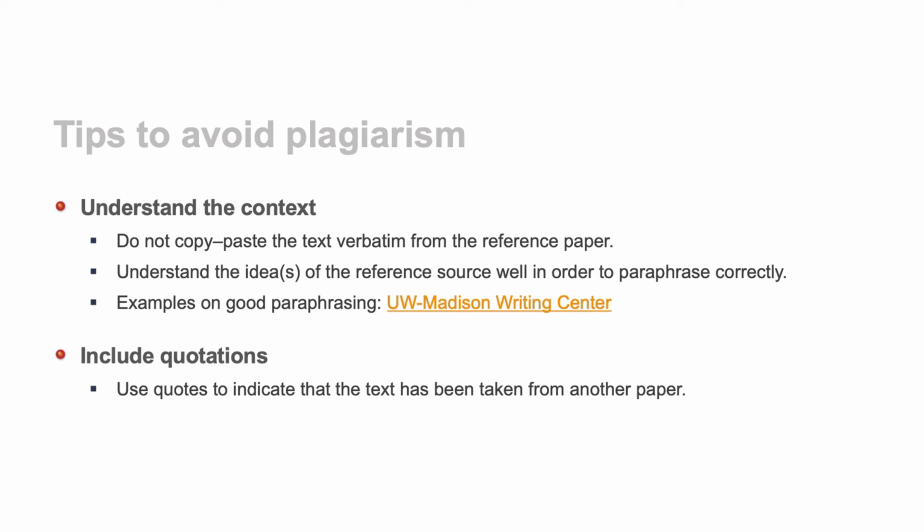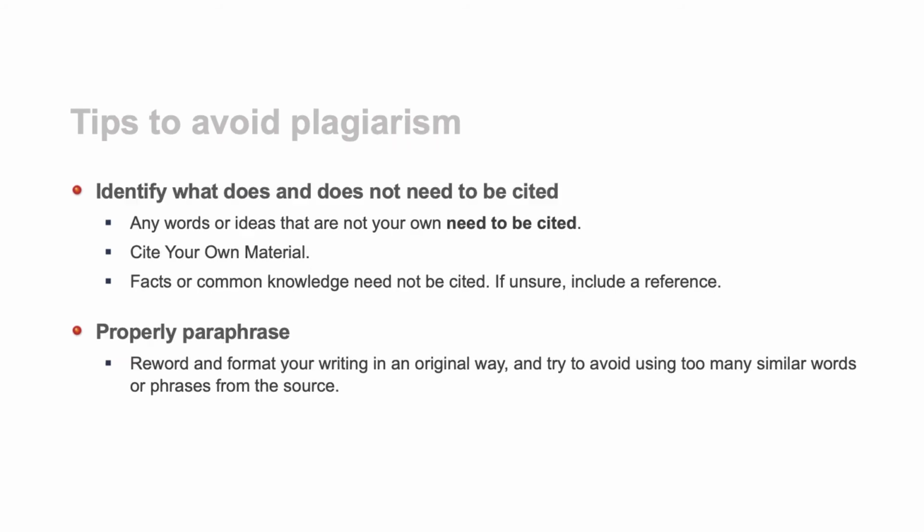And don't forget to include quotations. If you take text from another article, quote to indicate that in your own paper. Identify what needs and what does not need to be cited, and the rule of thumb here is that any words or ideas that are not your own should be cited in academic writing, and you have to cite your own material if you're reusing it in subsequent papers.